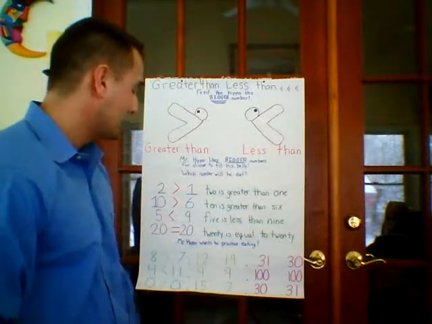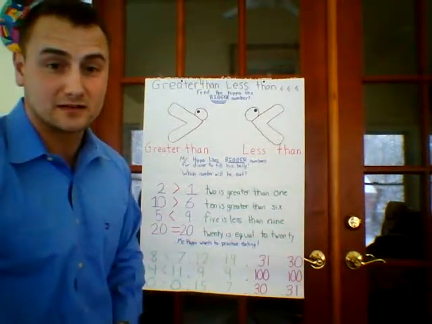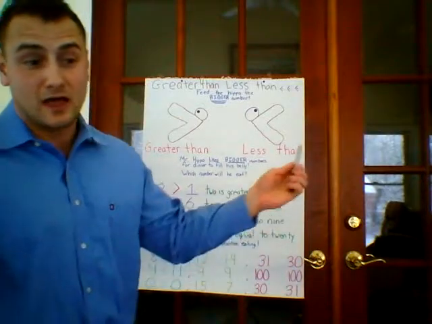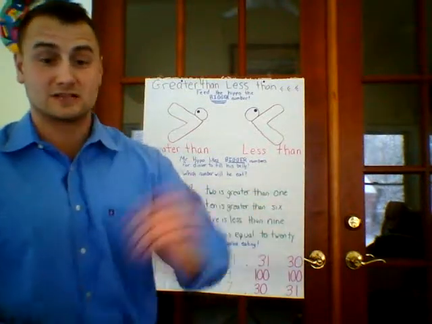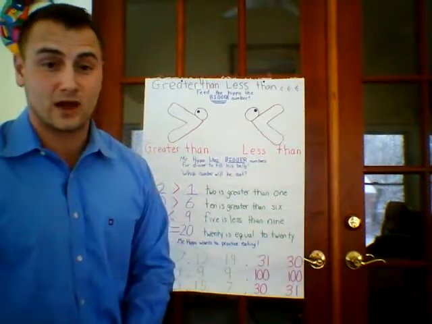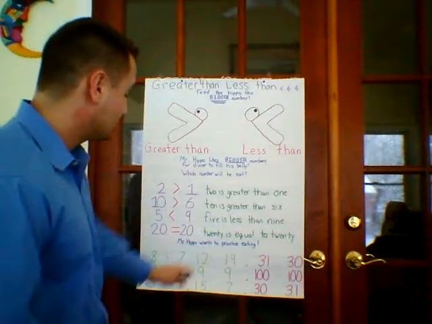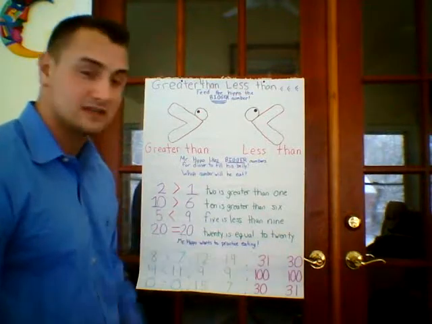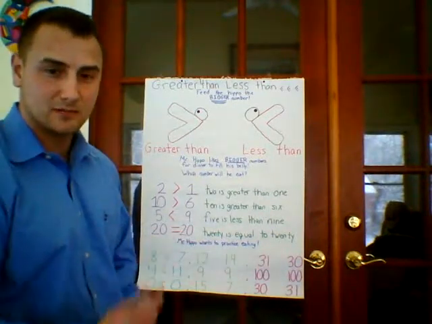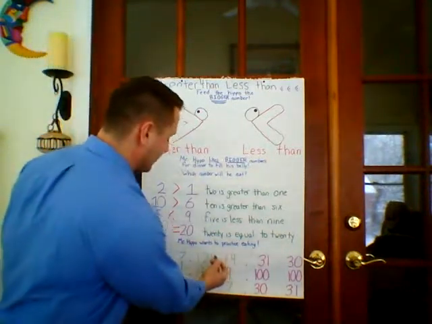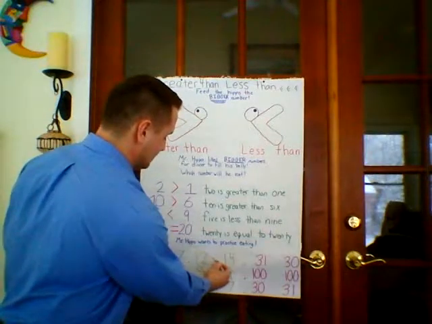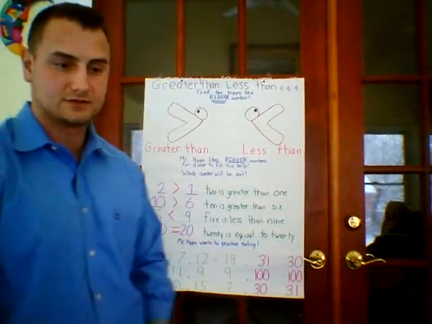So our first numbers are 12 and 14. And so I can pick, if Susie has her hand up nice and quietly, I can pick Susie. She can tell me that 12 is less than 14. And I can ask Susie to come up here and draw in the less than sign. She'll sit back down.